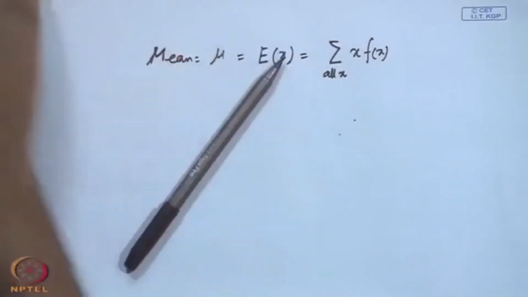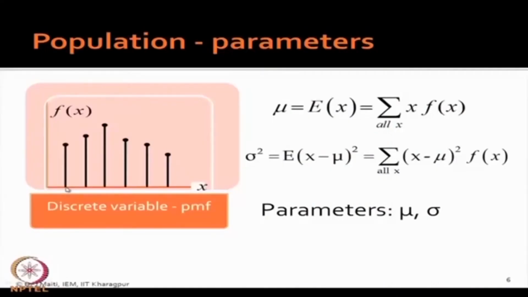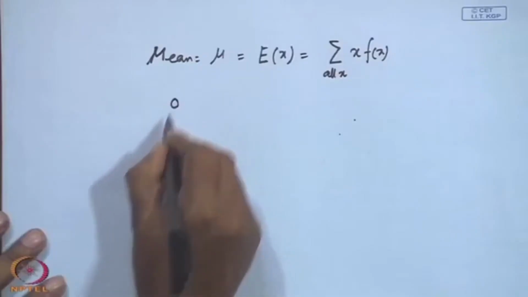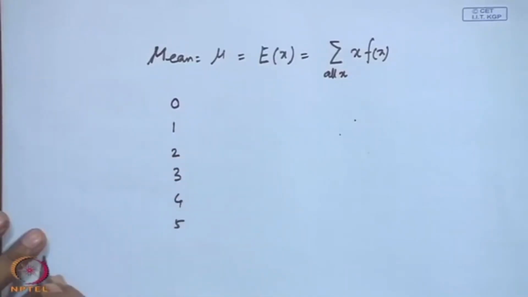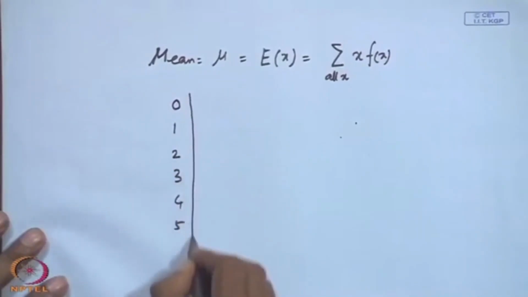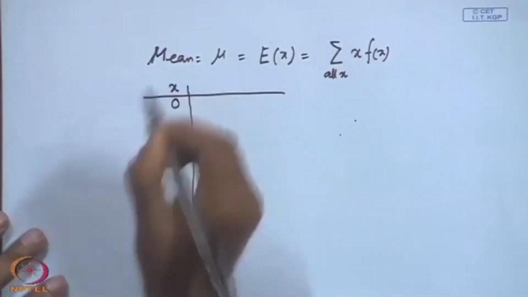If you see this example here, we are saying that x can take these values. There are 1, 2, 3, 4, 5, 6 values. Suppose these values are 0, 1, 2, 3, 4, 5, and these are all x values.